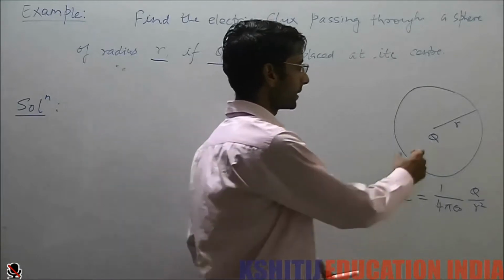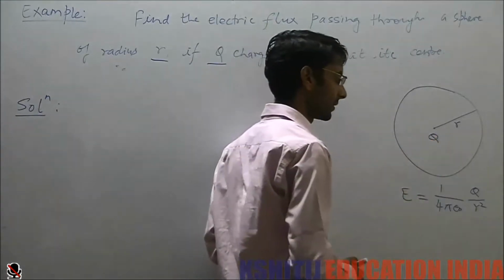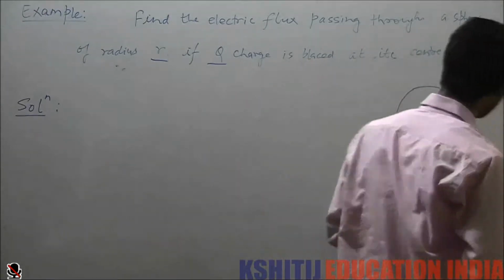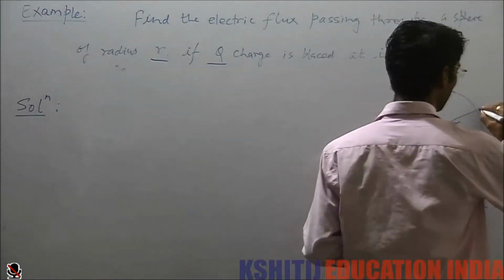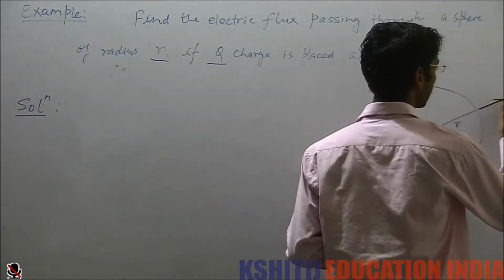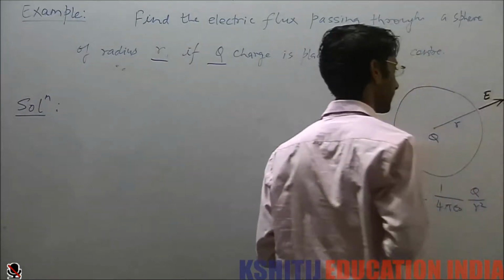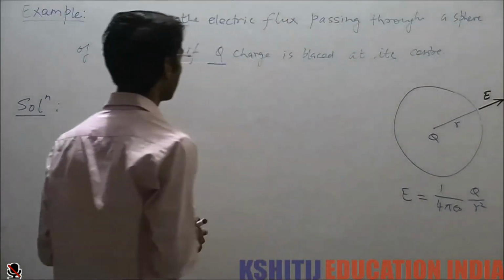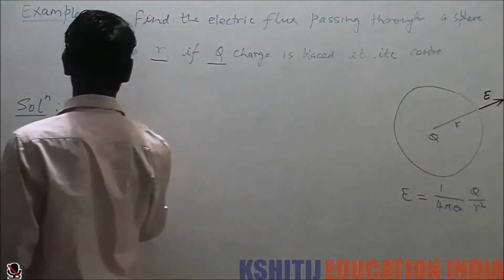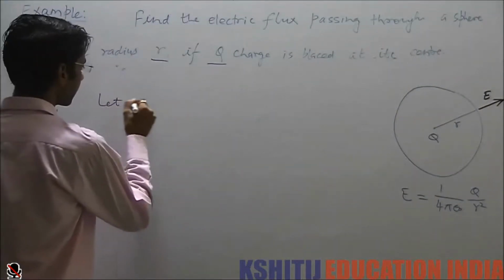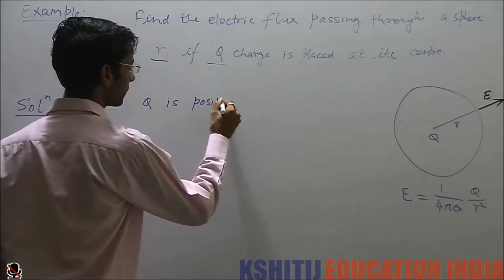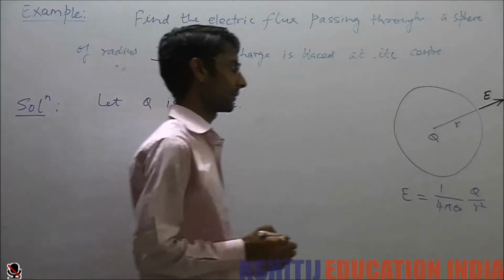If we consider this charge to be positive, then the electric field, let me draw in a different color, will be in this direction. This will be the direction of the electric field when we have taken Q to be positive. So let me mention this point: let Q be positive. If it is not, it can be in the inward direction, that's not a big issue.